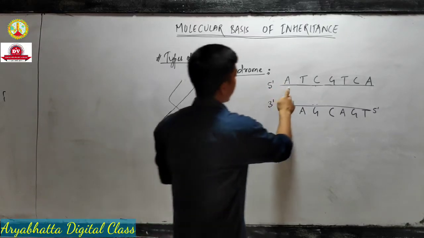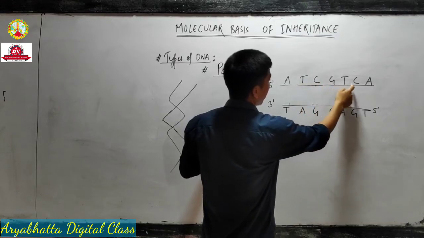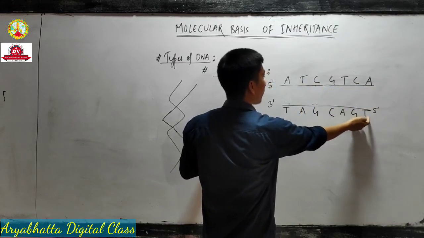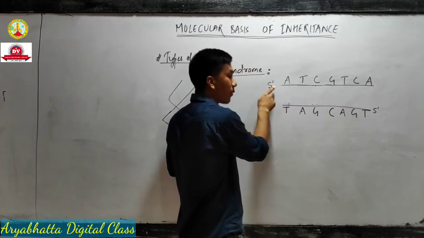Now here in this strand we have A, T, C, G, T, C, A. We read it starting from 5 prime.